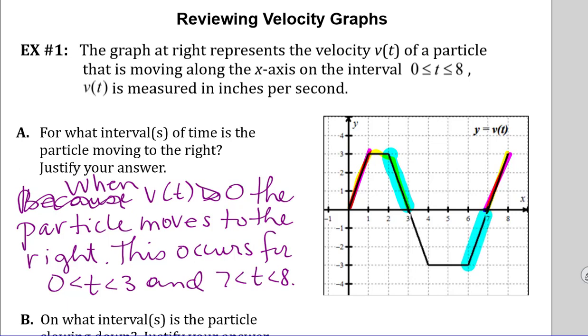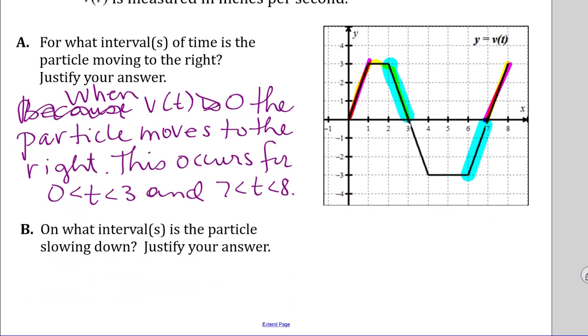Okay, we're going to be slowing down. So we could say we're slowing down from 2 to 3 and from 6 to 7. Okay, the particle would be slowing down from 2 to 3 and from 6 to 7.